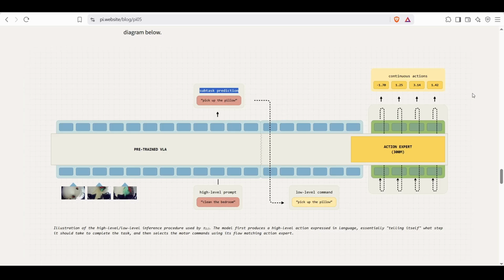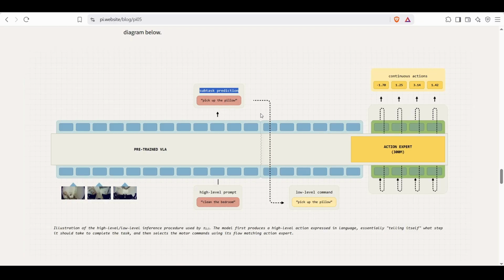So they want to predict the discrete form of the actions, and that allows this vision language model backbone to make representations that can predict actions roughly. And the discrete form of actions are pretty good, so you can hope that the representations the vision language model is making to predict these discrete actions will be helpful for the action expert to produce its continuous actions from.